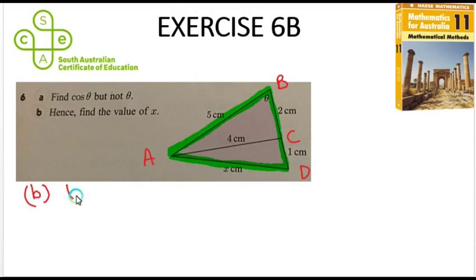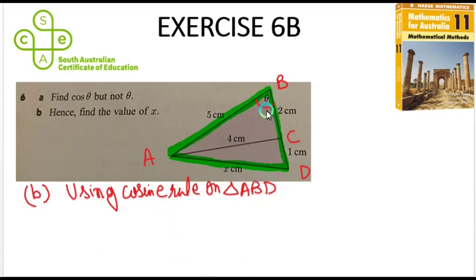So using cosine rule on triangle ABD, right? So the angle involved is theta and the side opposite to the angle is x. So that's why x square is equal to the other sides. This side is 2 plus 1 equal to 3, right?